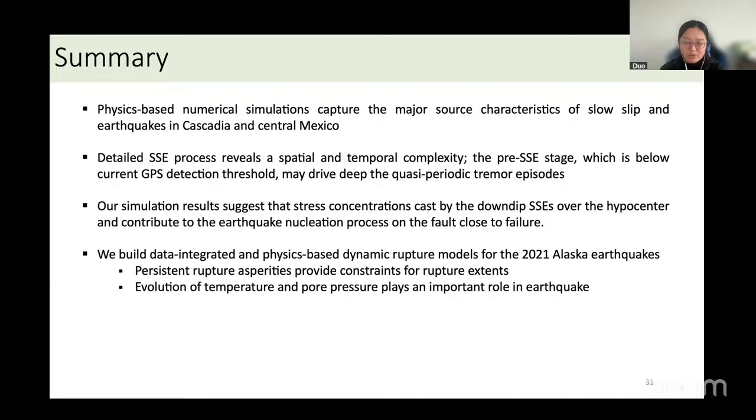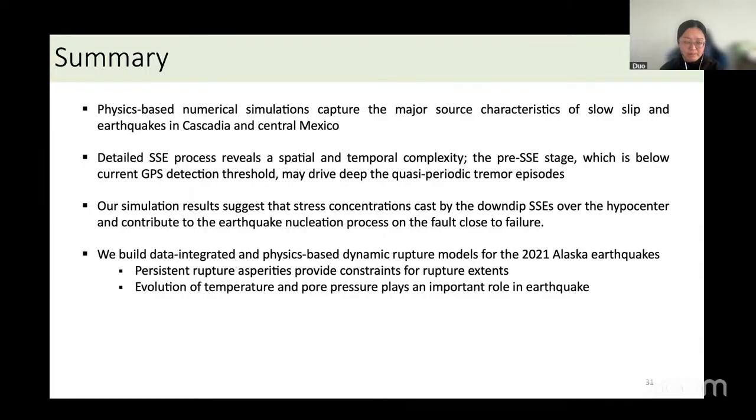And we also couple the slow slip with a dynamic rupture, and we explain the triggering from slow slip to the earthquake. When we use a dynamic rupture that couples the more complex physics process, we can explain the deep nucleation and the rupture for the 2021 Alaska earthquake.